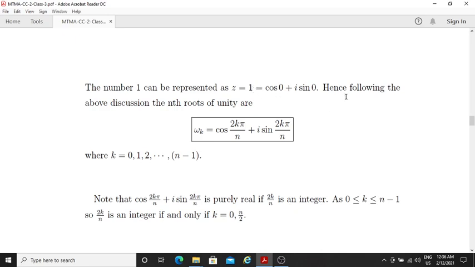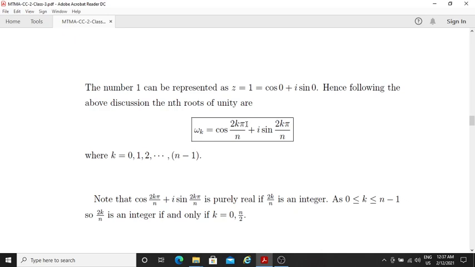All right. Then if you followed the last class, you can see that the nth root of 1 written in this fashion, the roots can be written in the form omega_k equals cos 2kπ/n plus i sine 2kπ/n. As theta is 0 here, we don't have to put plus theta here.